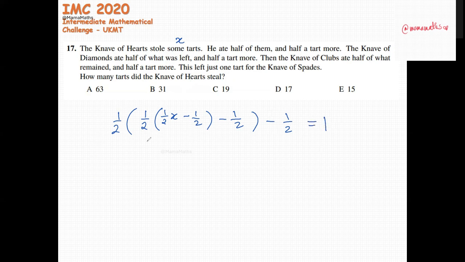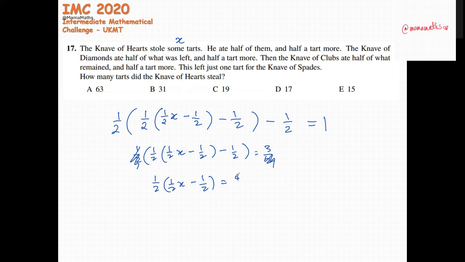Now, if we rearrange this, it's a half, half, half x minus half, minus half, minus half. That's 3 halves. If you multiply by 2, that's equal to 3. Now we have a half more, so 1/2 x minus half. 3 plus a half, that's 4.5.